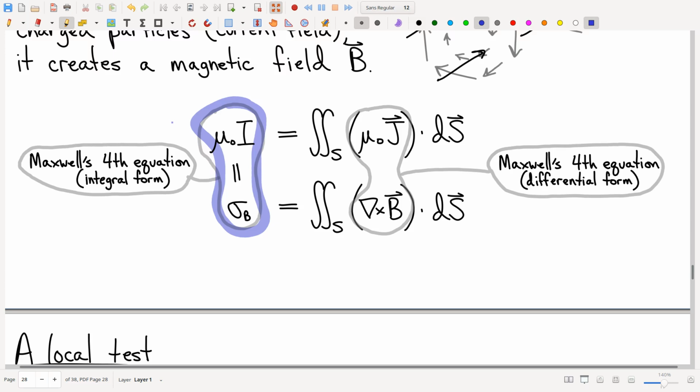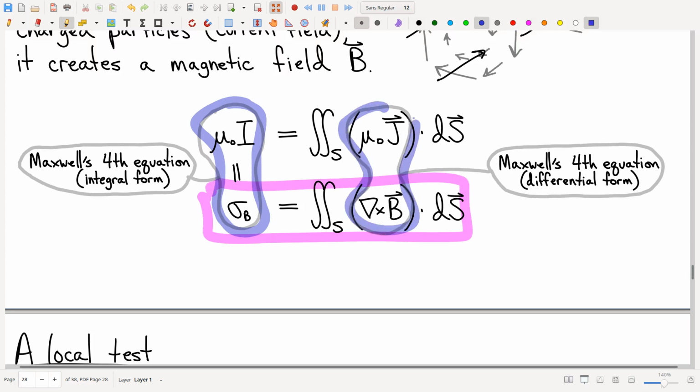And having reason to believe this, Stokes' theorem then would have us also believe this. Right? And so these two equations are very often viewed as different equations because, well, gosh, one's about current and circulation, the other's about a flow field and a curl.